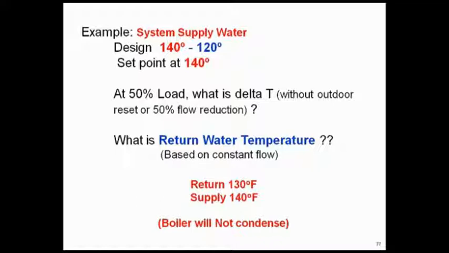Obviously, the delta T goes from 20 to 10, so the return temperature is now 130. The design was 140 to 120, and you were condensing. At half load, same flow rate, you've got a return at 130 and you're no longer condensing. So the point is, what happens to your return water temperature if you keep the flow rate up? Now hopefully we're varying the flow rate, but in case we were not, that's what would happen.